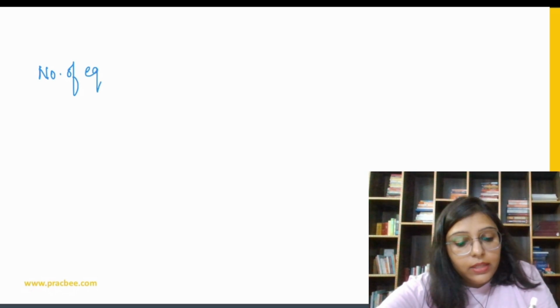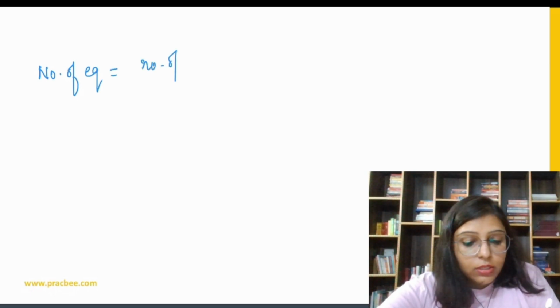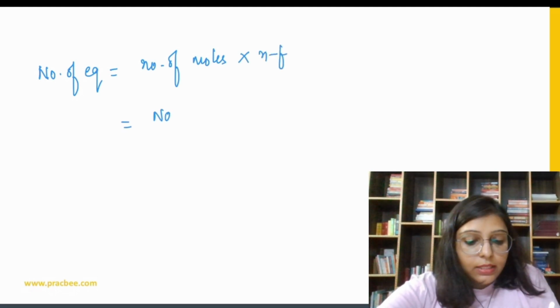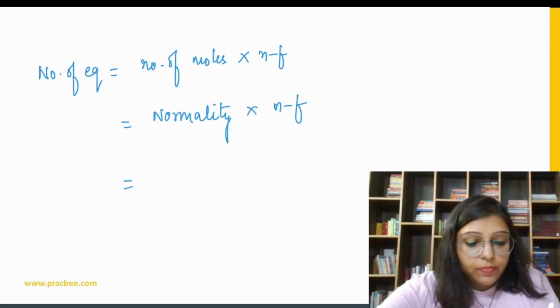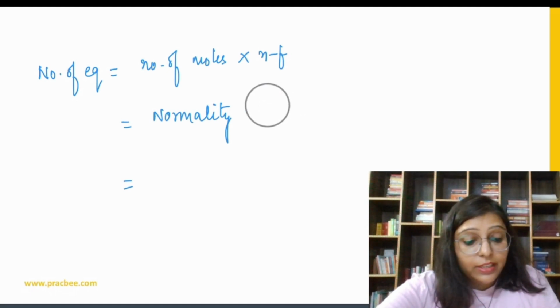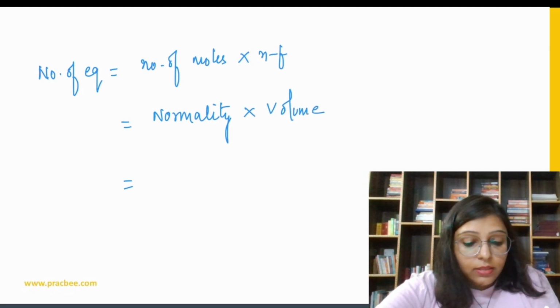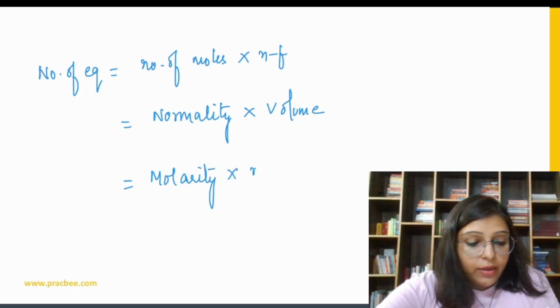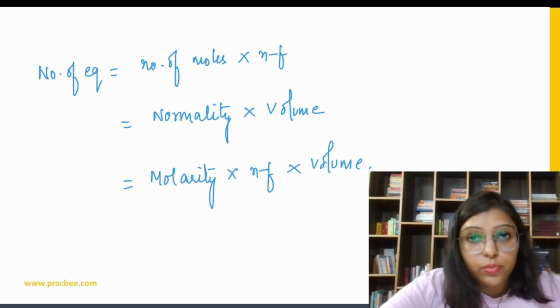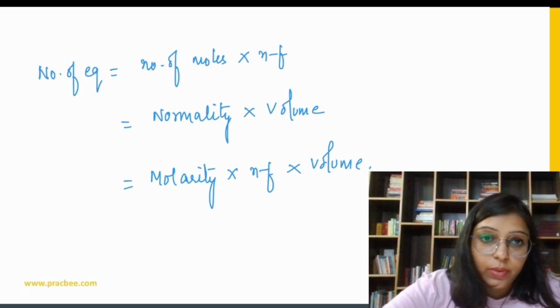The number of equivalents is equal to number of moles into n factor, or normality into volume, and next is molarity into n factor into volume. That's how we can calculate the number of equivalents.